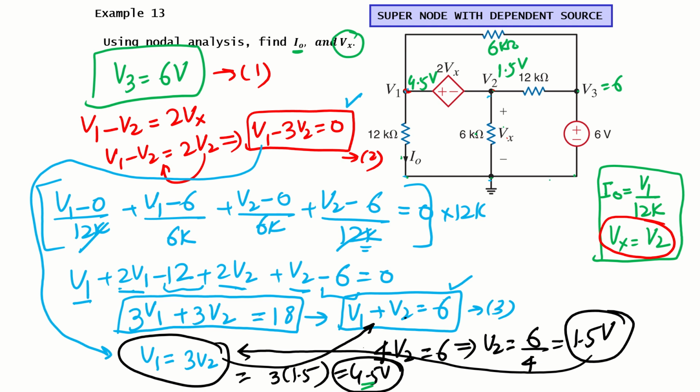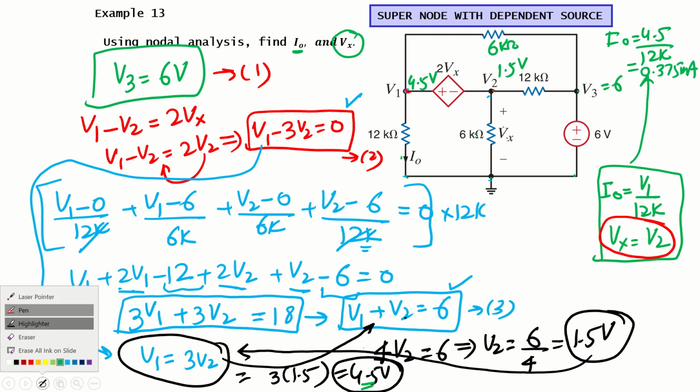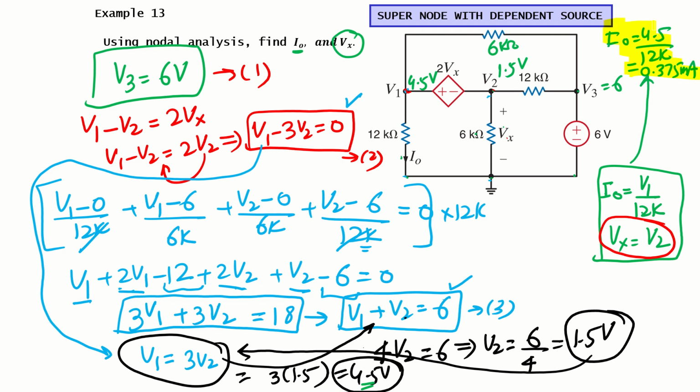We need to find I naught. I naught is V1 over 12k, so I naught will be 4.5 divided by 12k. The answer is 0.375 milliampere. So we got our first desired variable value.